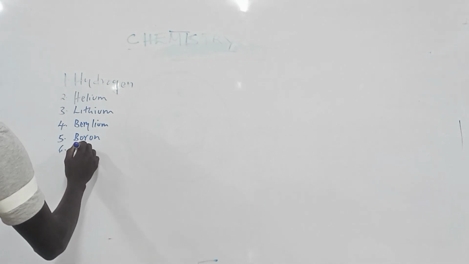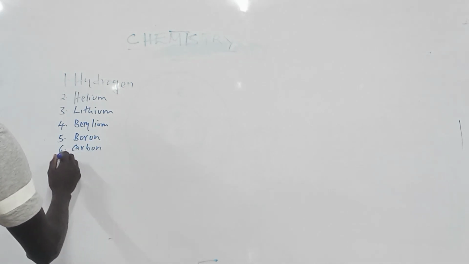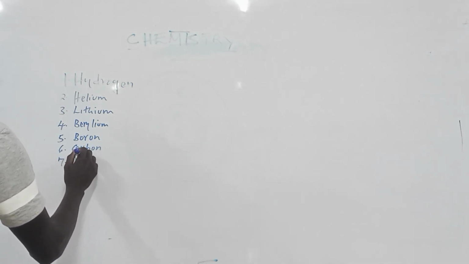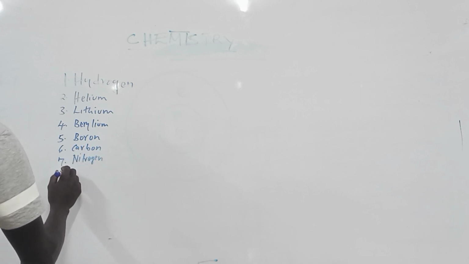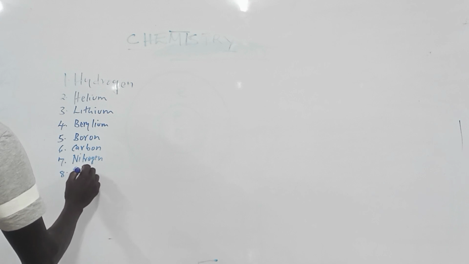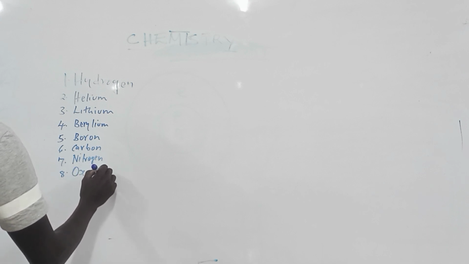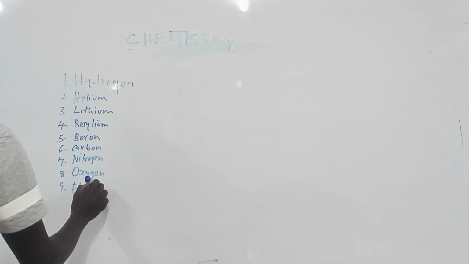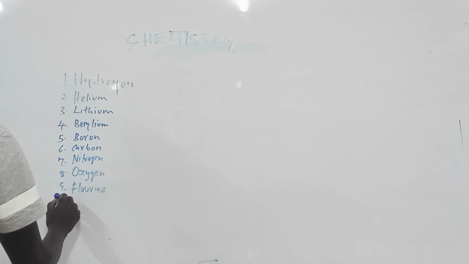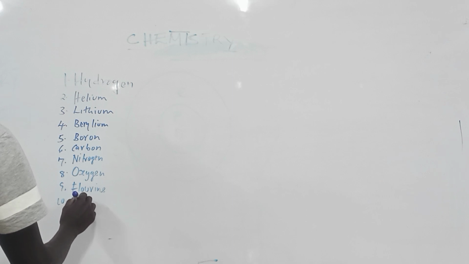Sixth, we have carbon. Seventh, we have nitrogen. Eighth, we have oxygen. Ninth, we have fluorine. 10th, we have neon.